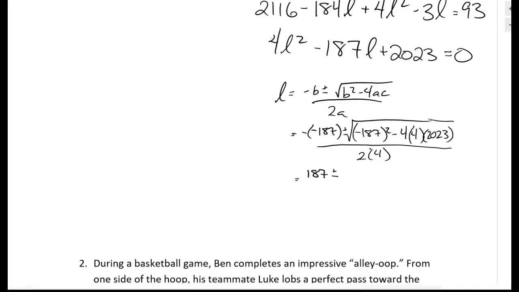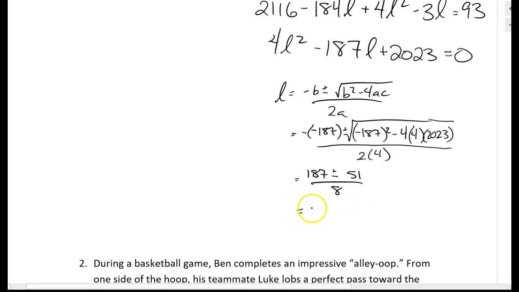So 187 squared minus 4 times 4 times 2023 gives me a positive number of 2601. If I take the square root of that, I get 51 over 8. So actually this is looking like it might have factored nicely. I'm going to have two solutions here. So I've got 187 plus 51 and then divided by 8.